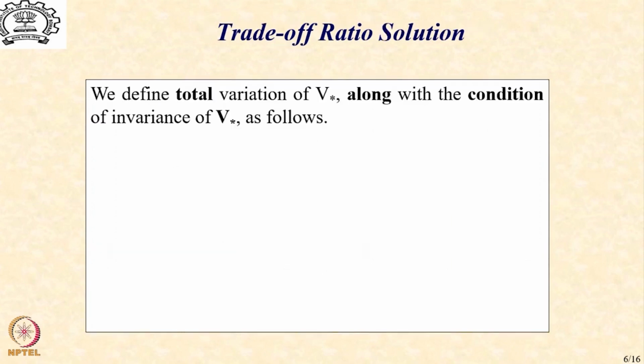There is another calculus concept that we are going to use. As V star is a function of many variables, instead of talking about a derivative of V star, we talk about variation of V star. So we introduce the concept of a variation, which is kind of a total derivative.